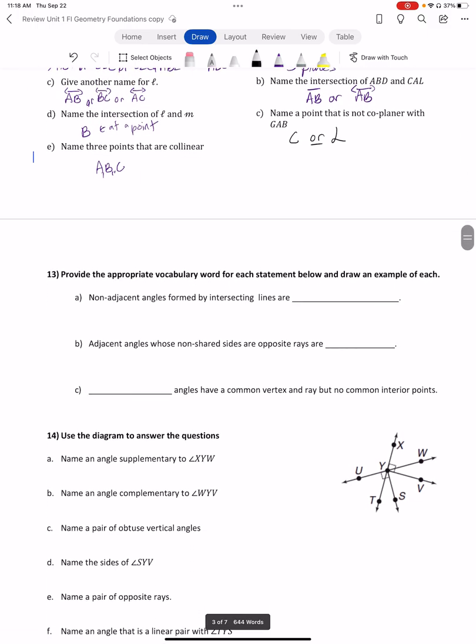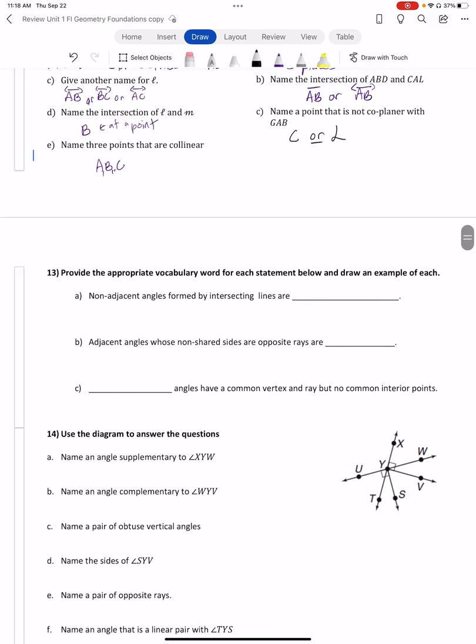All right, provide the appropriate vocabulary. So non-adjacent angles formed by intersecting lines are going to be vertical angles, okay, it's V-E-R-T-I-C-A-L.